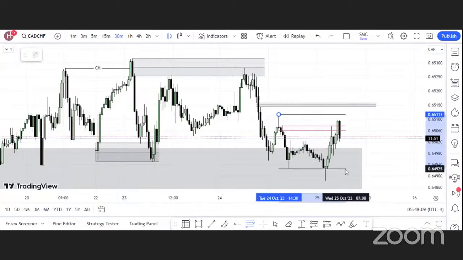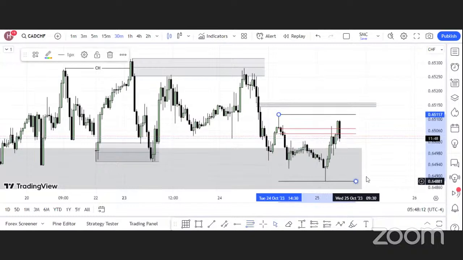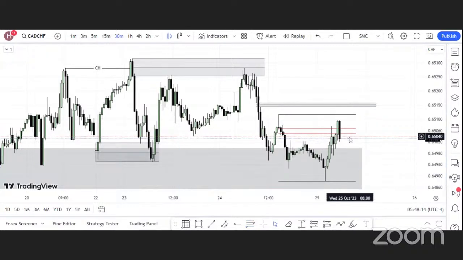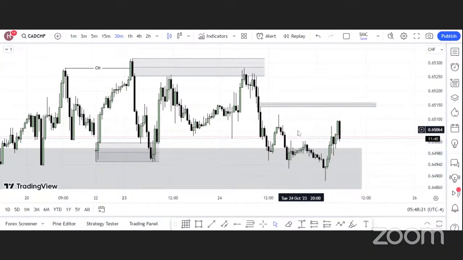And let's see. So you see, it's respecting the high. The market is currently respecting this high because that high left a huge candlestick shadow and a very small body. So that's the rejection area, and that is also an order block.